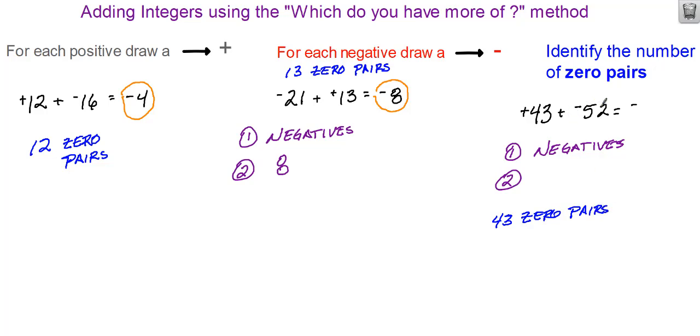Well, 52 is 9 more than 43, so there will be 9 left over. I can do it just like this: 52 take away 43. You have to borrow and regroup. 12 take away 3 is 9. That's a 0, so there are 9 more. So we end up with negative 9.